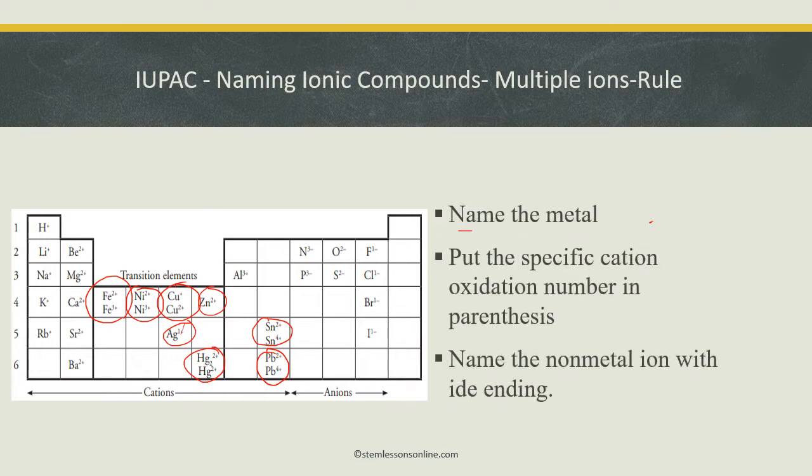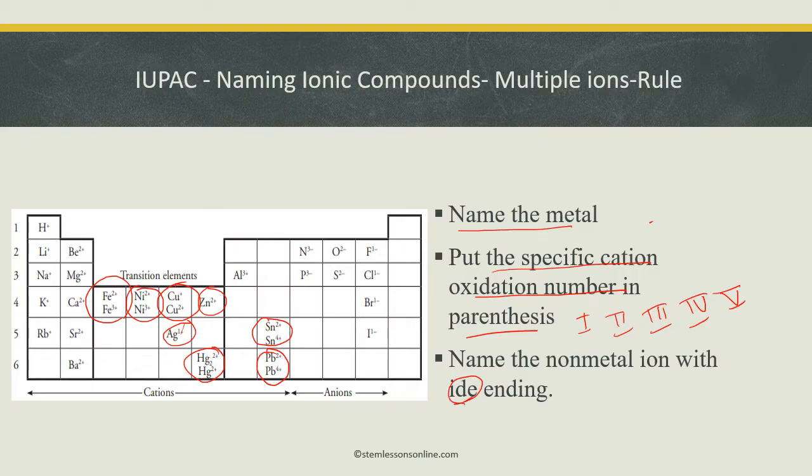First we will name the metal and then put the specific cation oxidation number in parentheses in Roman numerals. That means 1, 2, 3, like that. That is what is called a Roman numeral. Then we will name the non-metal ion with the same method, with the IDE ending.